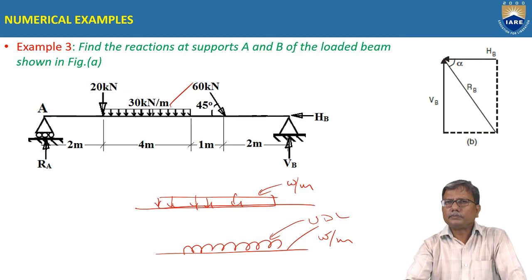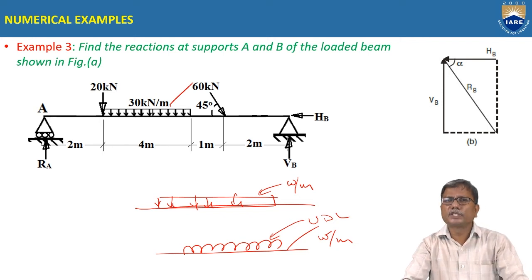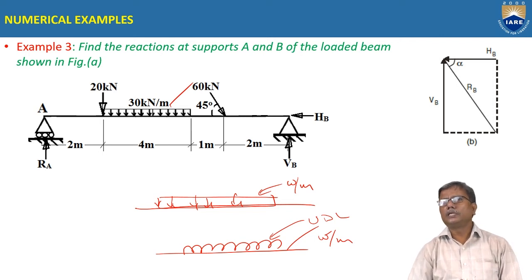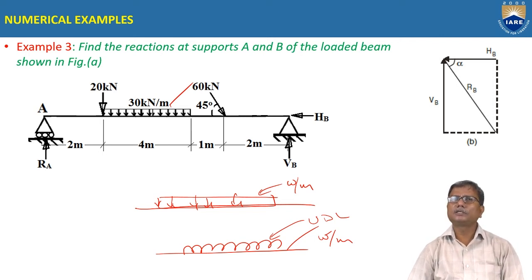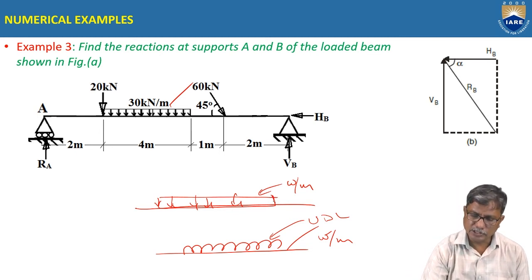Now, what is the intensity of loading for the distributed load? 30 kilonewtons per meter. And what is the length of UDL? 4 meters. So the total load is obtained as the area of this rectangle. The vertical side represents the intensity and the horizontal side represents the length.